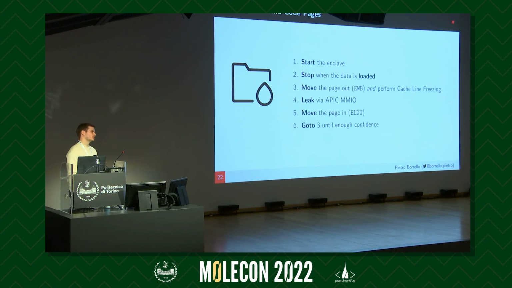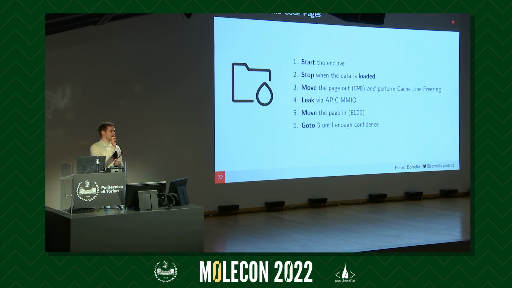So the first idea, okay, let's exploit this. We want to leak, for example, data and code pages from the enclave. And how can we do that? First of all, we start the enclave and we make it reach the precise point where we want to leak that data. For example, the enclave may have generated private keys or downloaded encrypted private keys from the internet and decrypted them.